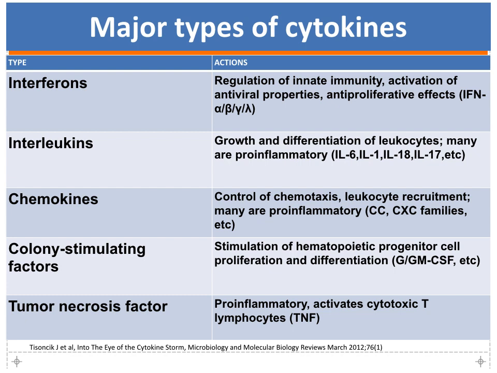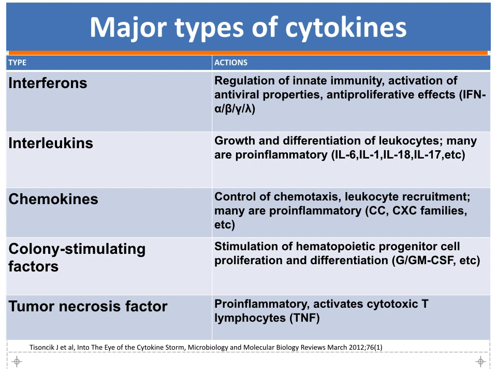Interleukins are cytokines that mediate the growth and differentiation of leukocytes. Many are pro-inflammatory. Chemokines, on the other hand, are taking control of chemotaxis. They attract inflammatory cells into areas of infection, for example.